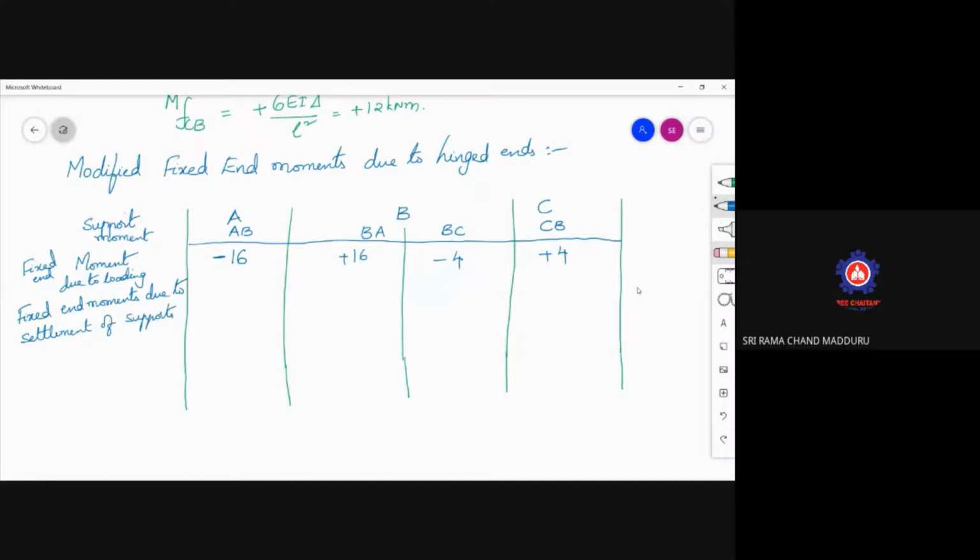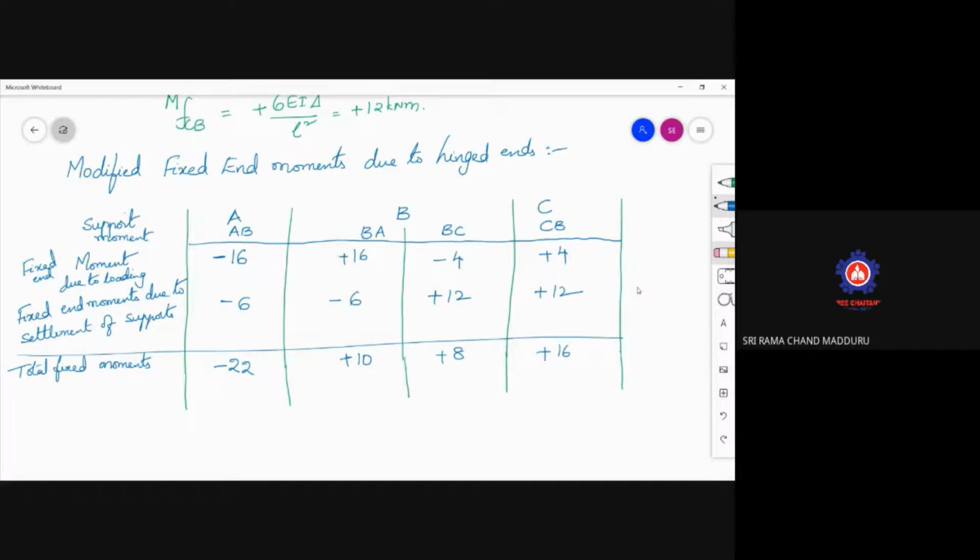So due to settlement of supports, here we have already calculated, that is minus 6 plus 12 plus 12. So total fixed moments, in this case, just add everything. Total fixed moments, which is minus 22 plus 10 plus 8 plus 16.